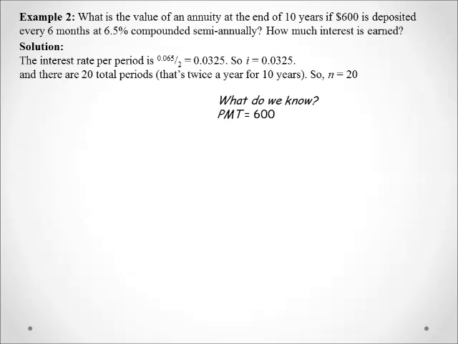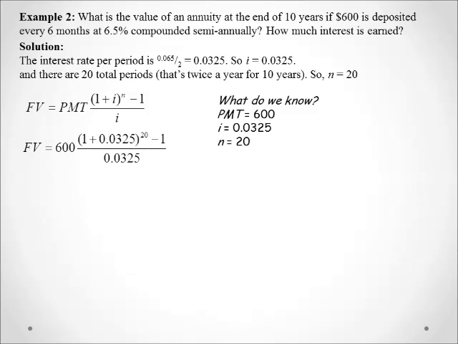We know the payment is $600 every 6 months. i equals 0.0325, that's the interest rate per period, and there are 20 periods. Here's the formula, so we just plug in those numbers where they belong. So the future value equals 600 times (1 plus 0.0325) to the 20th minus 1, all divided by 0.0325.